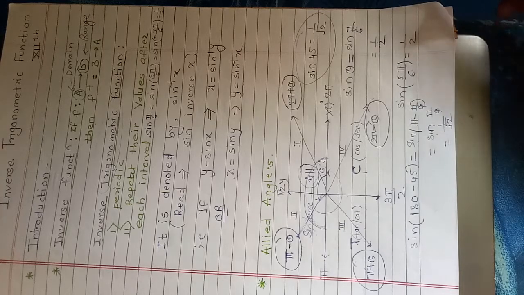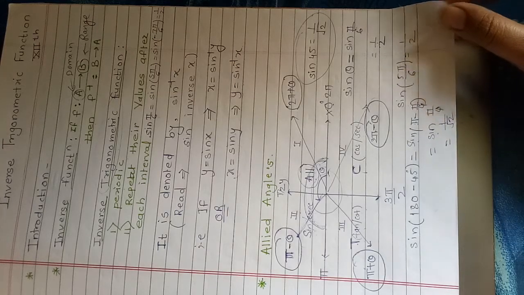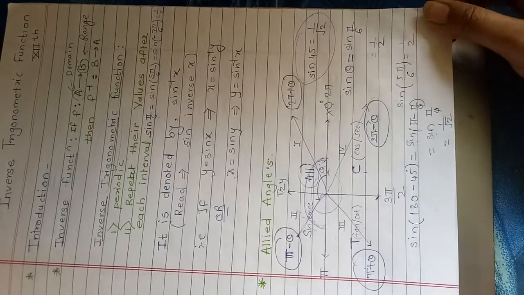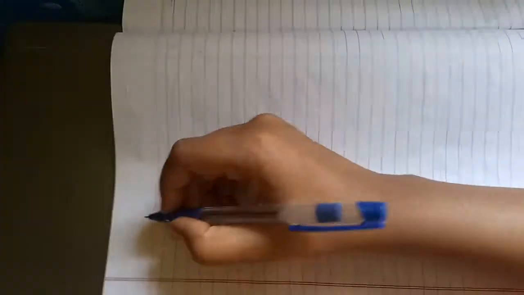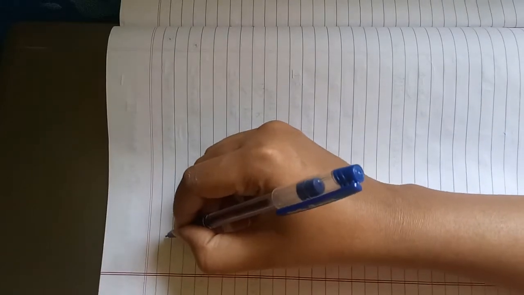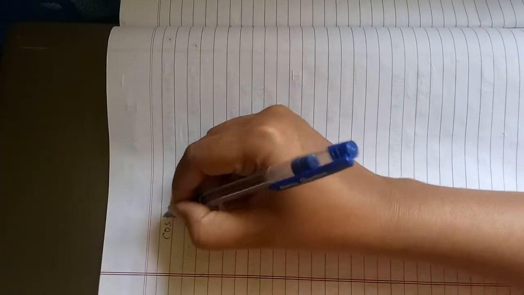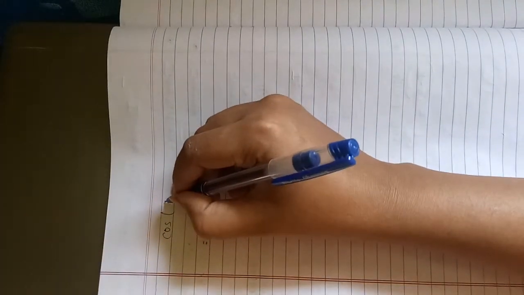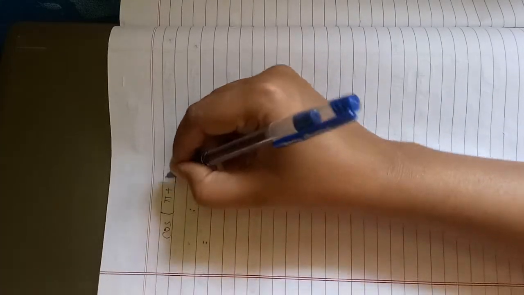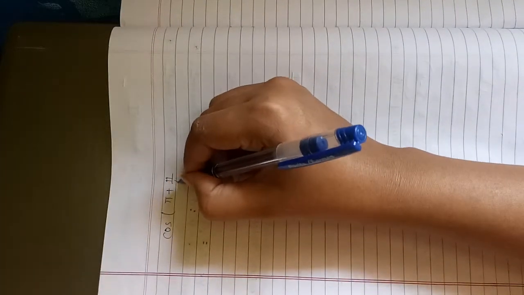I take a new example here: cos pi plus pi by 4.